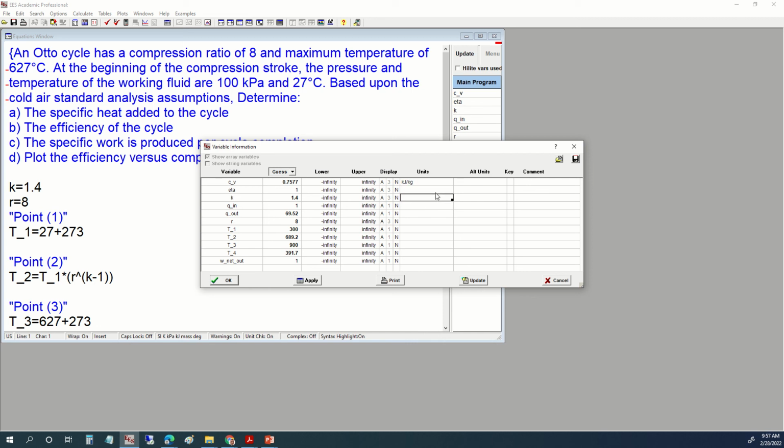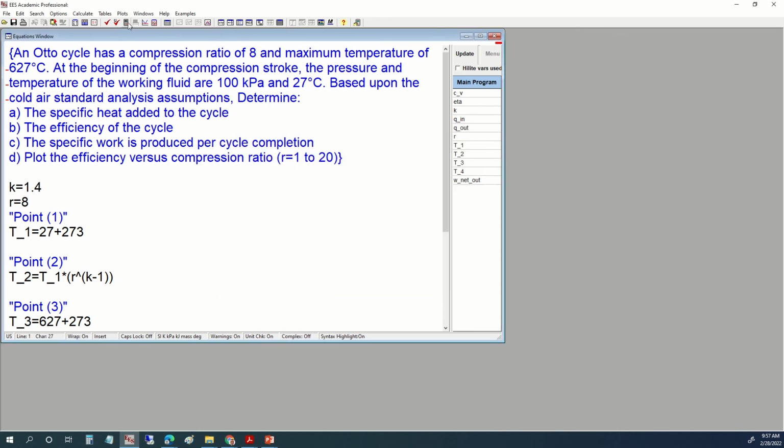Eta doesn't have a unit, K doesn't have a unit. Qin is kilojoule per kilogram. Q out is kilojoule per kilogram. R, the compression ratio, doesn't have a unit. Temperature is in Kelvin, so I'm just going to type Kelvin here, and work out is kilojoule per kilogram. So hit OK, and now I can solve.